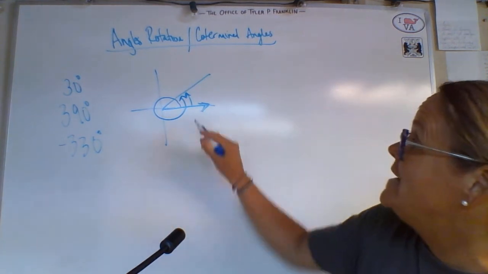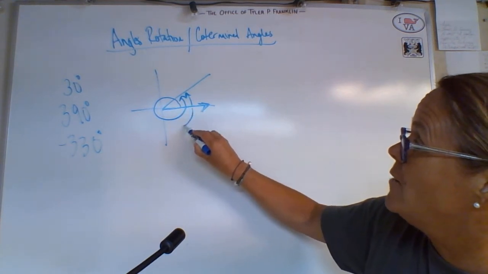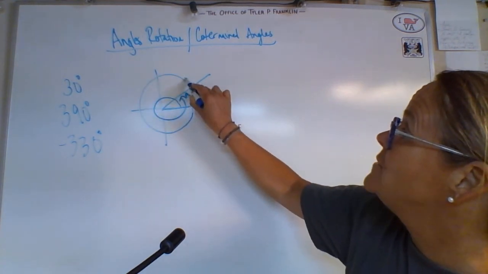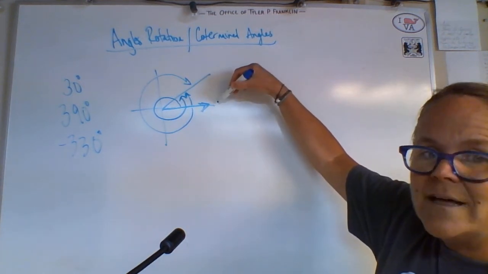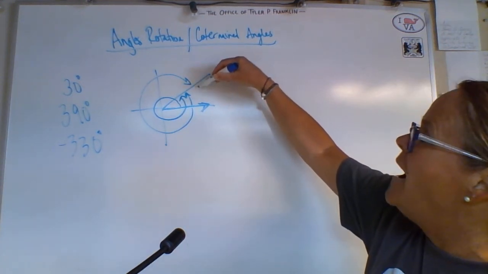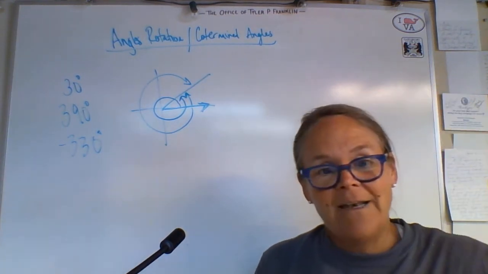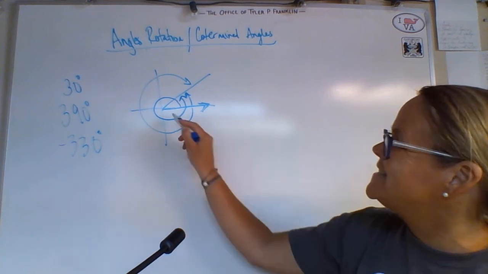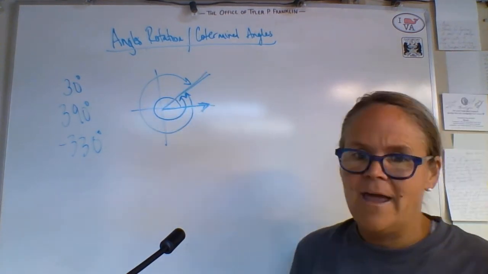If I did a negative 330, I would have to go clockwise and I would stop there because if I went the whole way, that's 360, I'm 30 away. So that's a negative 330. What's the same about all those? They all start there, they all end there.